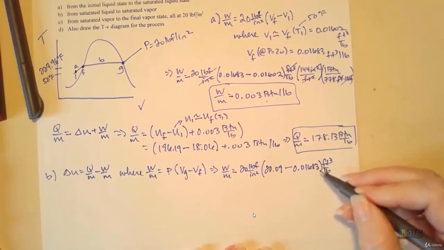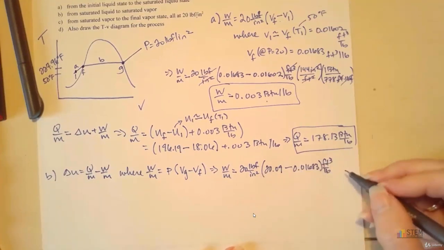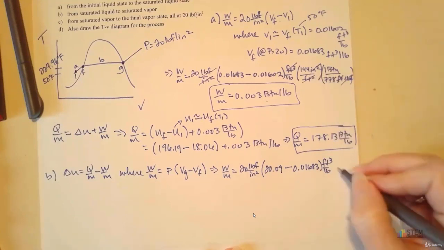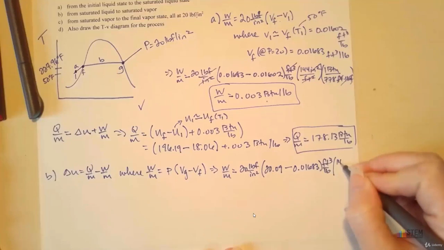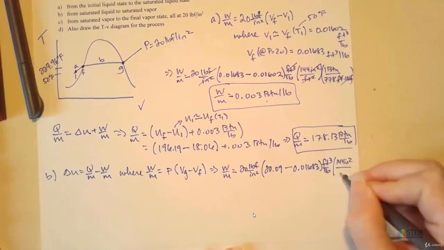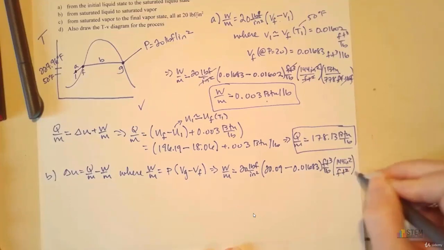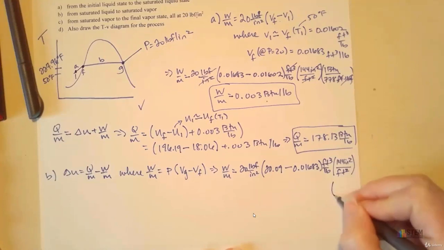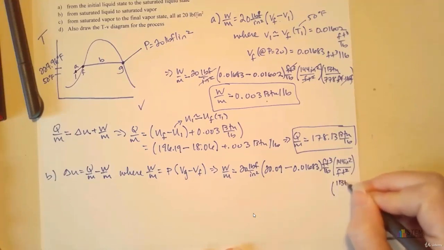And then again, you got to get rid of the inches and then convert over to BTU. So you're going to use these same two conversions we did here. I'm out of room as usual. I need to write smaller. All right, so there's the conversion to get rid of inches, and then the last one is the conversion to BTU.